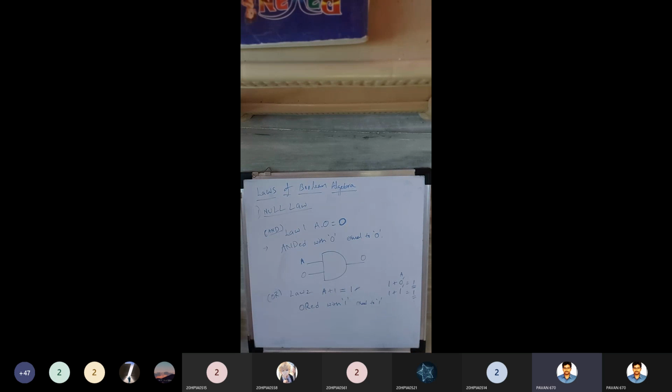Any value ORed with 1 equals 1. So I can write the expression regarding the statement. Let us say some variable A is given for one input of the OR gate, and for another input I have given a fixed input 1. So what happens? This output is 1, obviously. I think you got that.